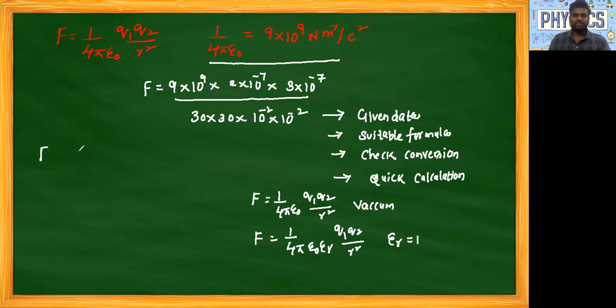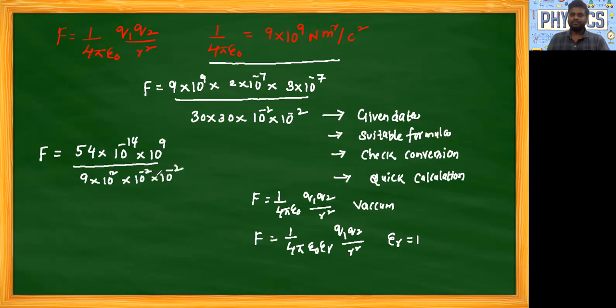Then force F is equal to 3 twos are 6, 6 nines are 54, 54 into 10 to the power of minus 14 and 10 to the power of 9, divided by 30 into 30. We can write it as 9 into 10 square into 10 to the power of minus 2 into 10 to the power of minus 2.